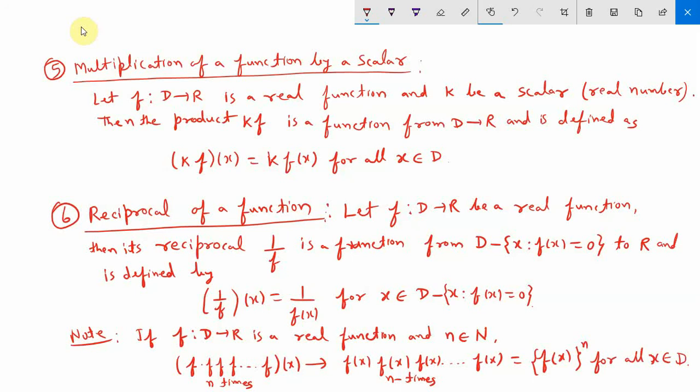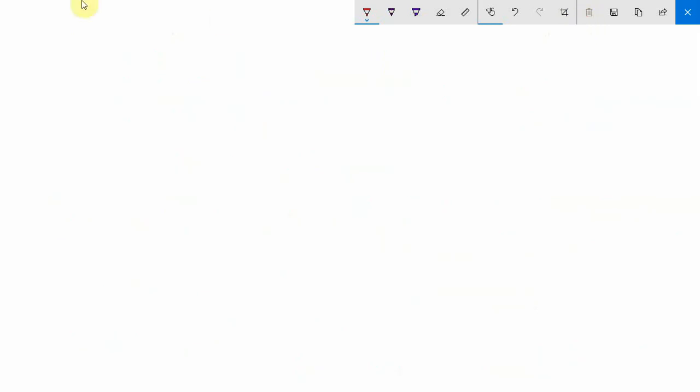Okay, friends. So we have discussed addition, multiplication, difference, quotient, multiplication by a scalar, and reciprocal of a function. So let me clean this and then we will discuss some problems based on operations. Please write down a problem.